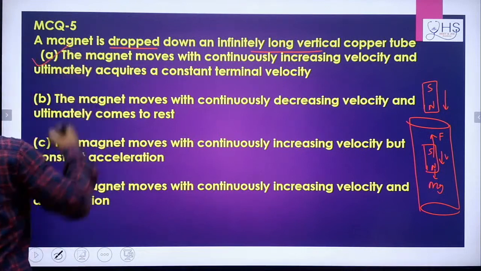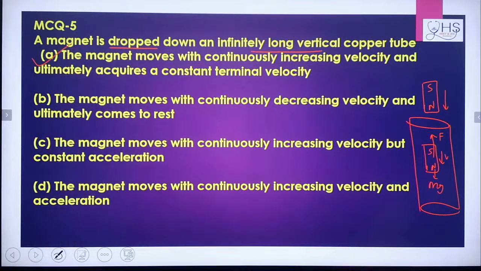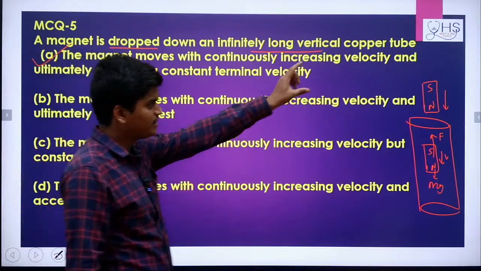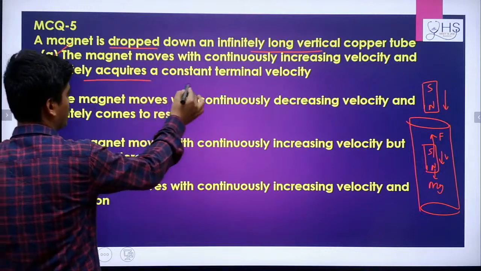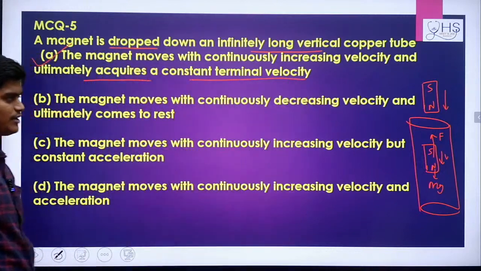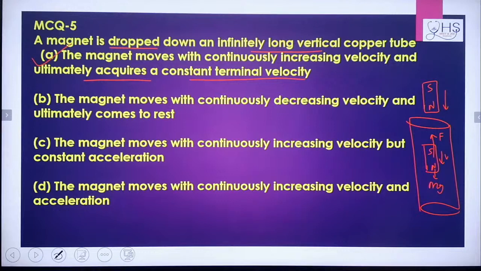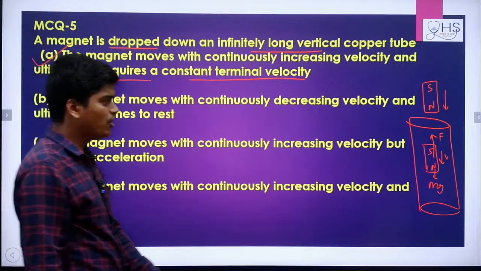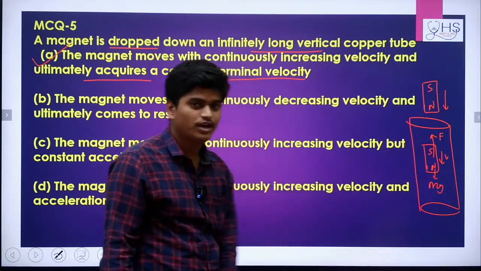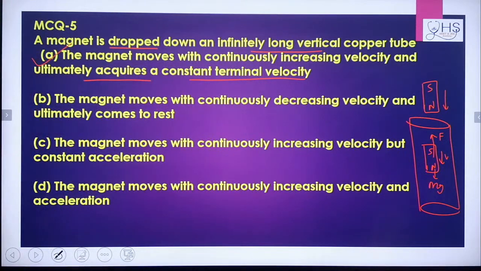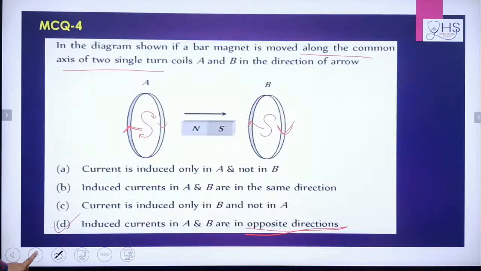So put your answer as A: the magnet moves with continuously increasing velocity initially, but after some time it will acquire a constant terminal velocity. Initially when it falls it goes with some speed, and somewhere in the middle its speed becomes constant. I hope you understand. The answer will be A.